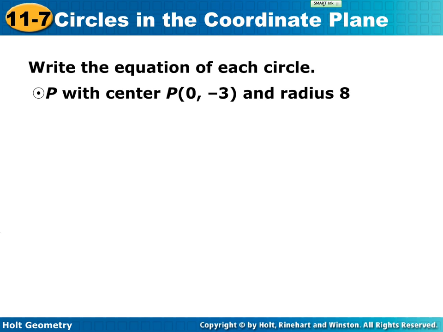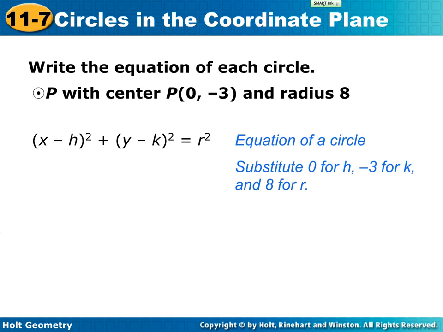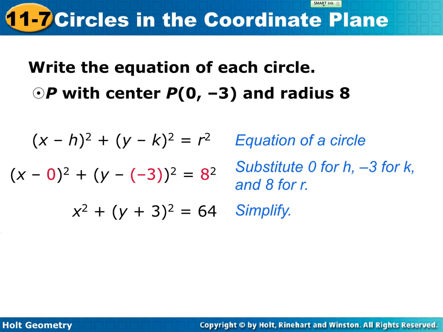Lucas, what's your equation? Okay, and he simplified the minus negative on the 3, I think. And 8 squared, 64. I also simplified the x minus 0 into just x squared. That's another simplifying option. Okay. Question on that one?